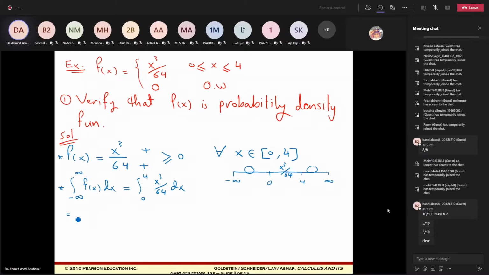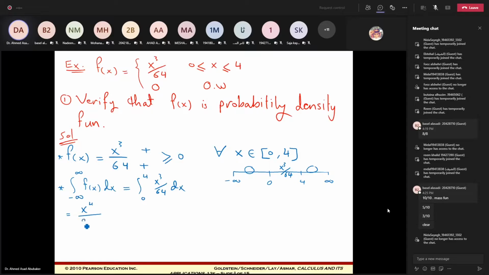After the integration of this function, we have x to the power 4 over 256, yes, 256, and substitute 4 and 0.